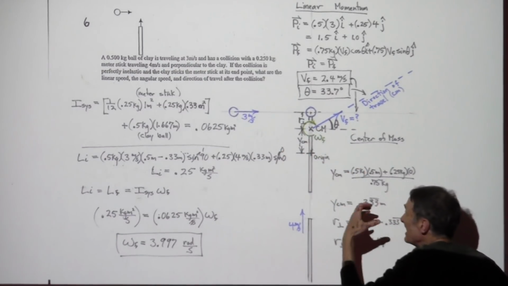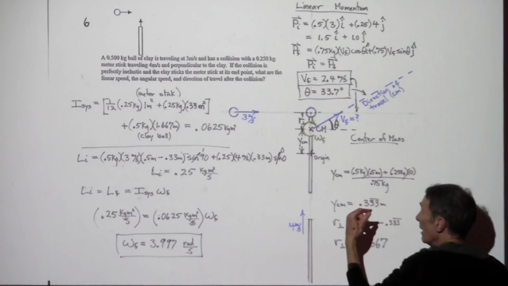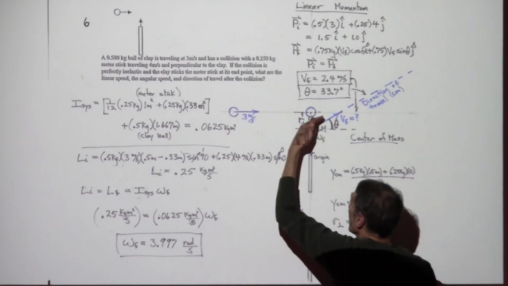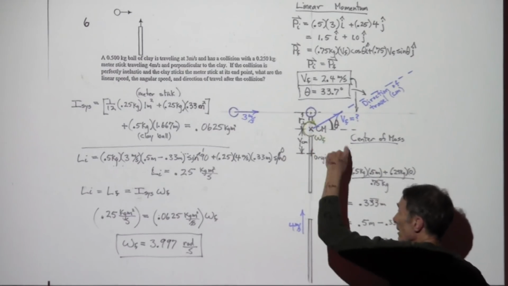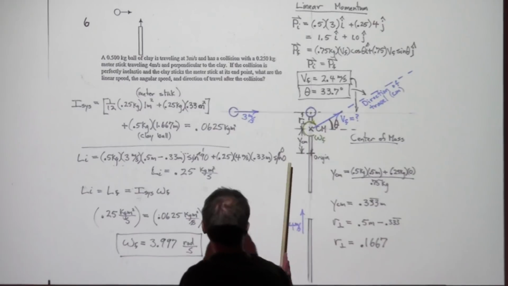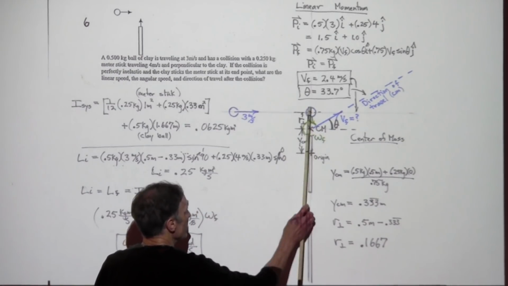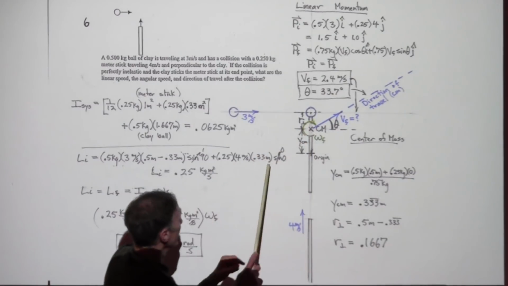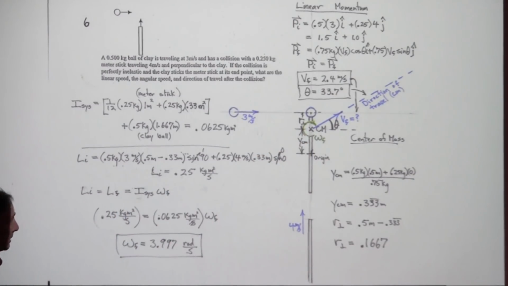So hopefully this makes some sense kind of intuitively. The clay ball coming in here is going to give this a kick this way, start to rotate it. The meter stick really doesn't contribute. It's coming in at a velocity that is anti-parallel to the radius, and the angle of that is going to be 0.